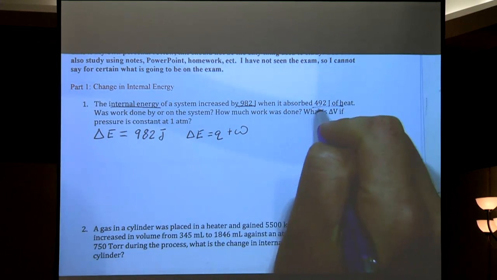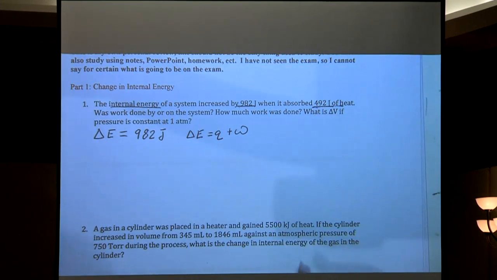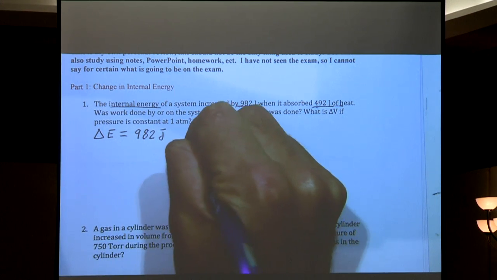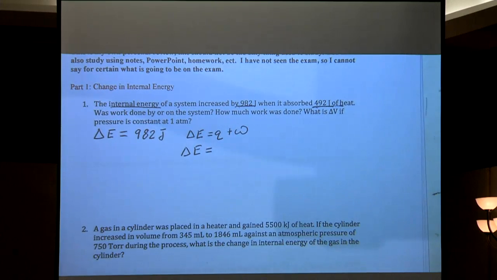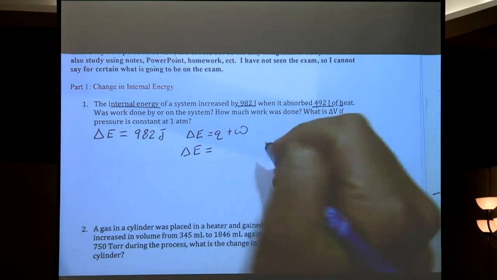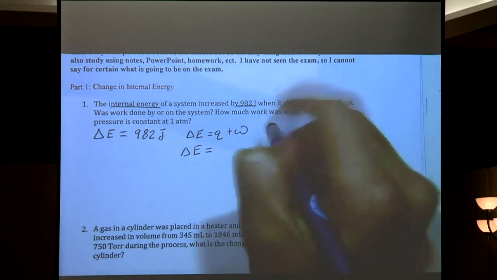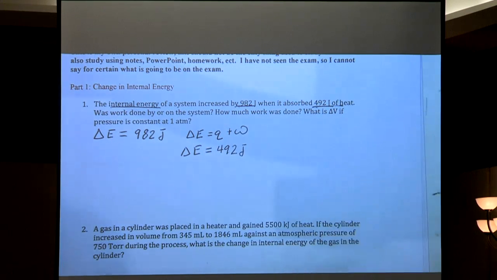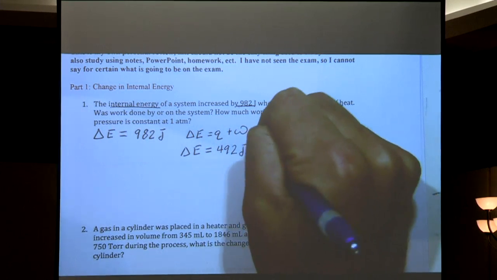So we know it absorbed 492 joules of heat. What does absorb mean for the sign? Awesome. It's a positive. So it increased by 492 joules. Okay. And now we can find our work.